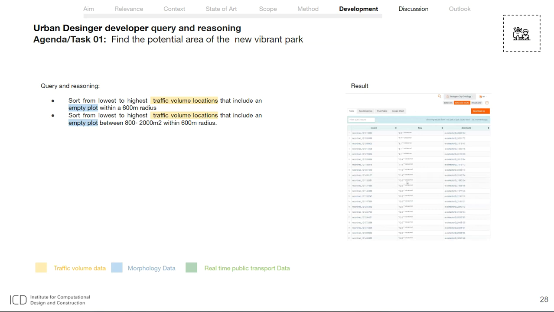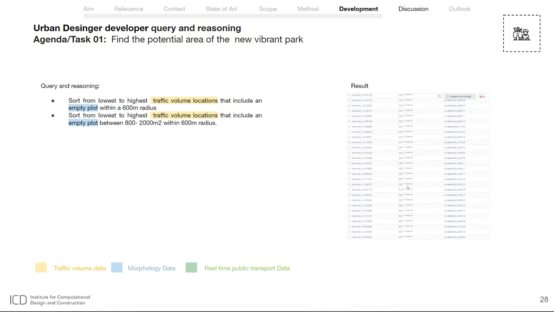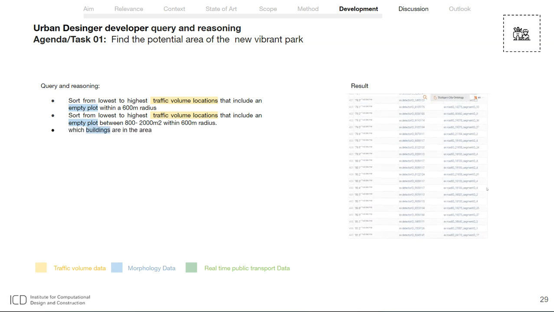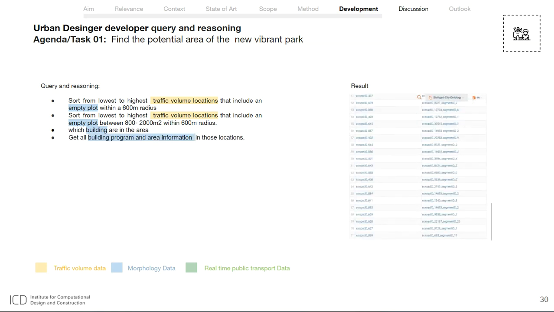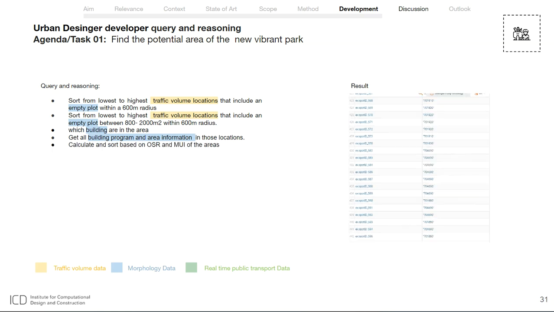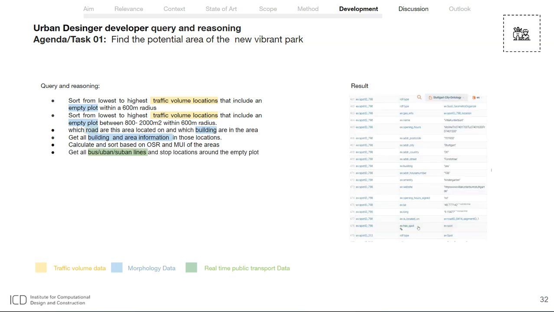Then add an area requirement for the empty plot and sort again. Then retrieve all buildings of the area and check what building programs are around this empty plot. Then calculate and sort the result based on the open space ratio and the mixed-use index of the area.